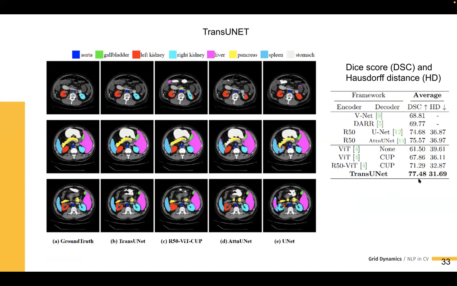You can see here that the previous Dice score was, I suppose, 75 or 76, and they get 77. They also reduce the Hausdorff distance. So just adding transformers at some point to the architecture works.